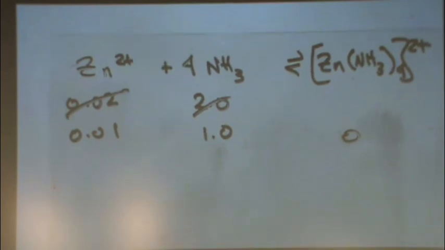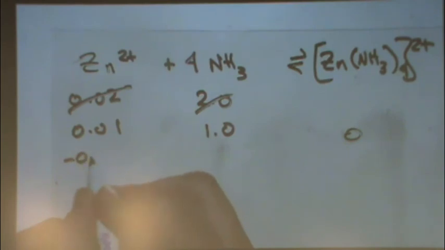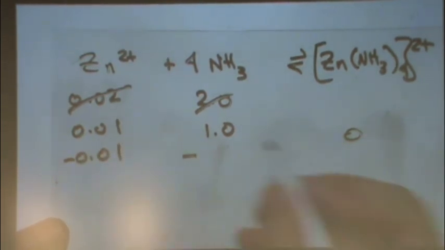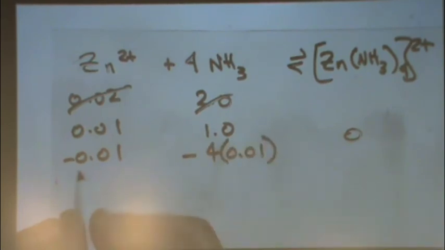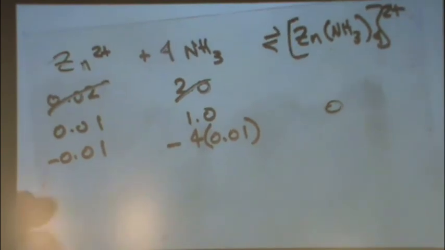Now, I could put a 0 here. Some people might think I could start the ice table now because I want the equilibrium concentrations, but I can't do that because I need a 0 on the unfavored side. So minus 0.01. See, here's the 4. Here's a place where when the limiting reactant is smaller, it's easier to do the problem.